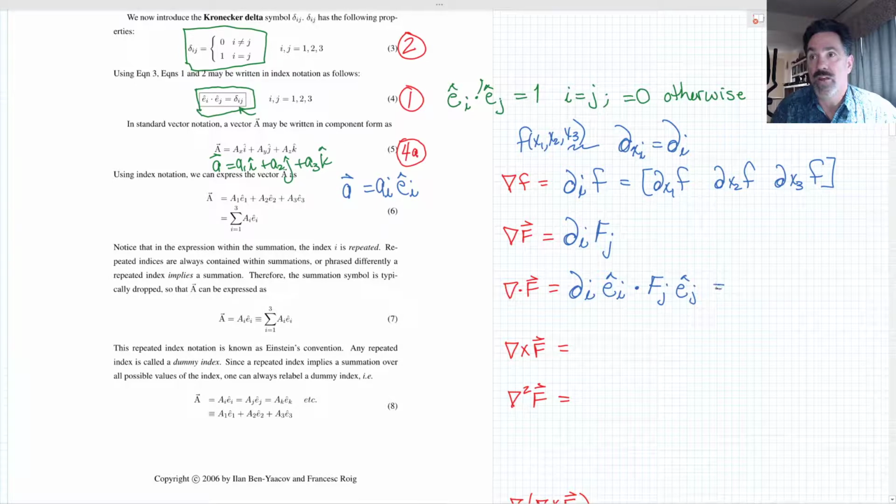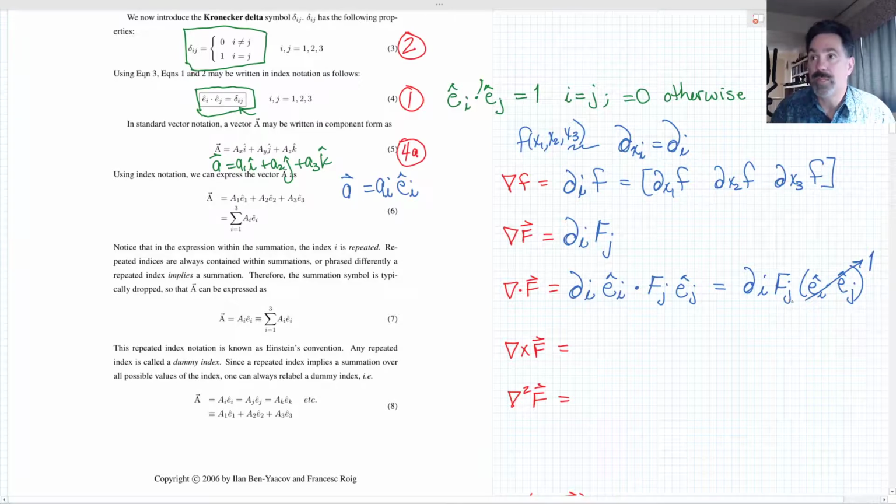And what I get out of this, similar to the argument that they have over here with the dot product, is partial_i f_j times e_i dotted with e_j. This thing is equal to 1 when i equals j and is 0 otherwise.